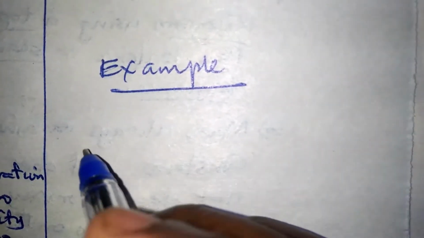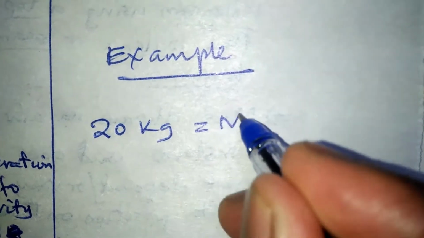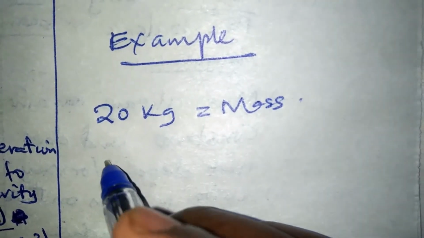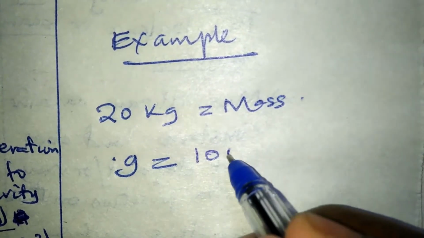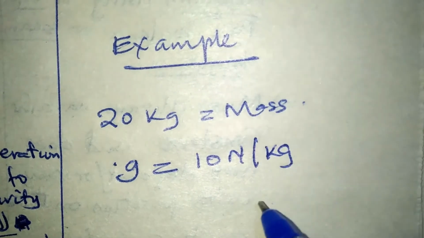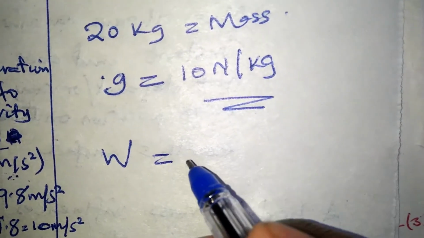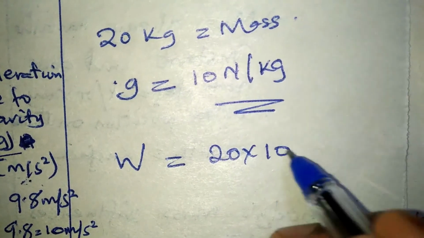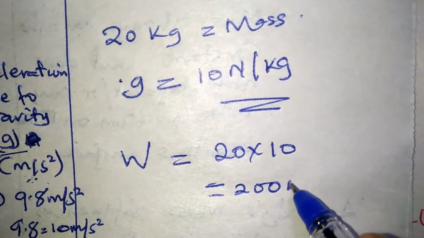An example: if we are given 20 kilogram as the mass of an object, and the acceleration due to gravity g as 10 Newton per kilogram, then W becomes 20 times 10, which gives us 200 Newton.